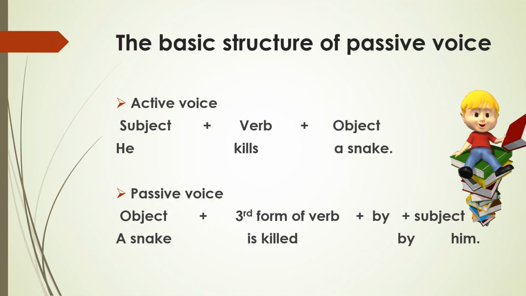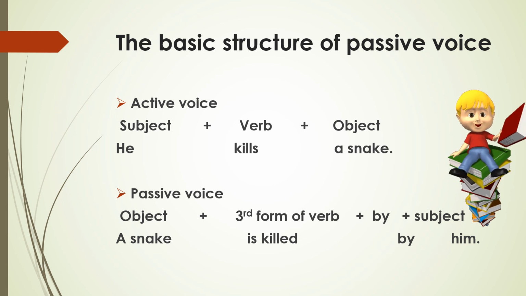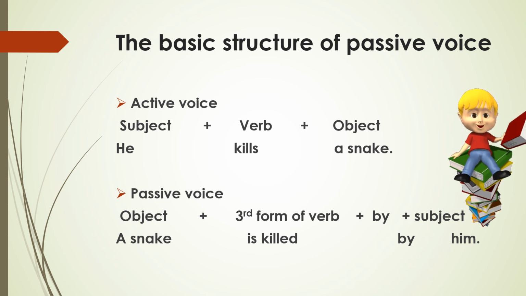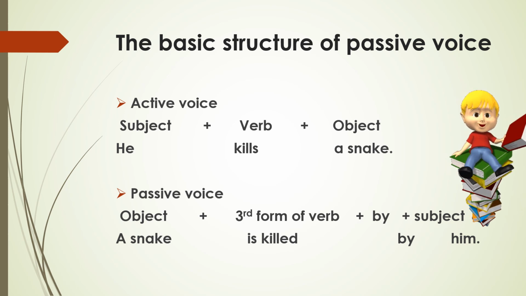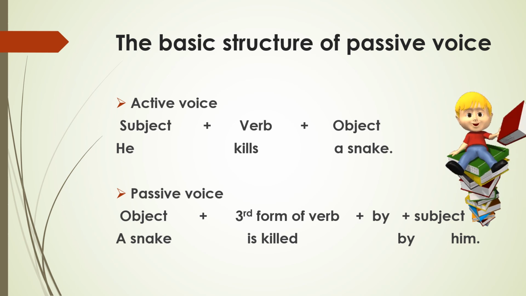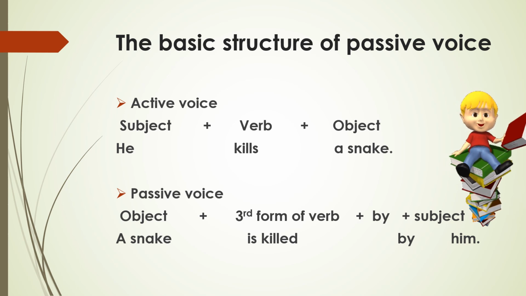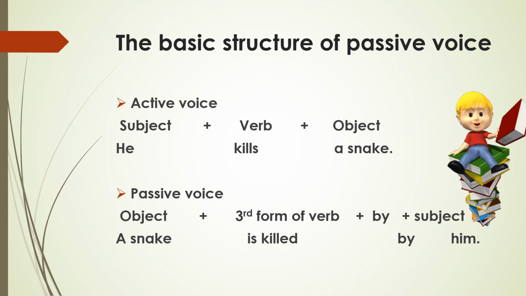If you look at the screen, there is the basic structure of passive voice given. Before understanding the structure of passive voice, we also need to recall the structure of active voice. We all know that a regular English sentence consists of three main things: subject, verb, and object.